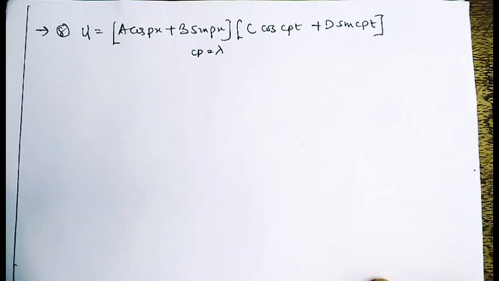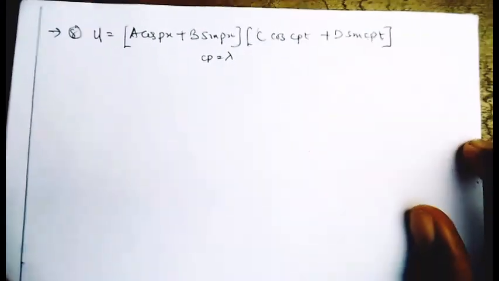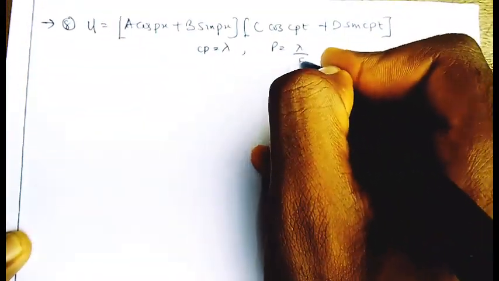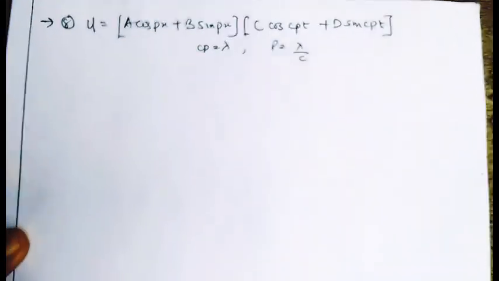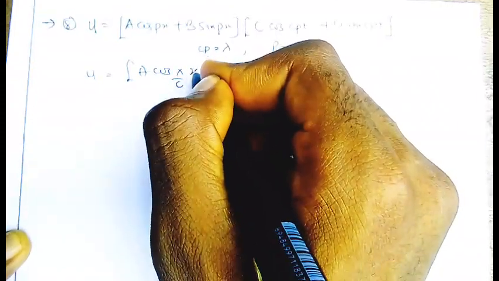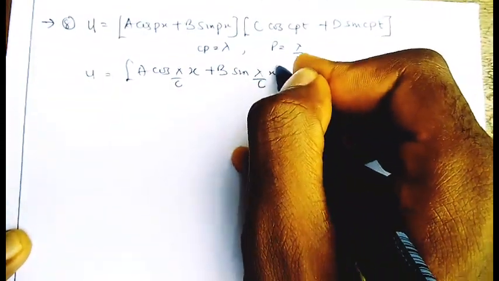So like I said, we're going to be substituting Cp equals lambda into the equation for u, right? Where my p is equal to lambda over c. So now substituting this, we'll be having u is equal to a cos lambda over c x plus b sine lambda over c x, right?